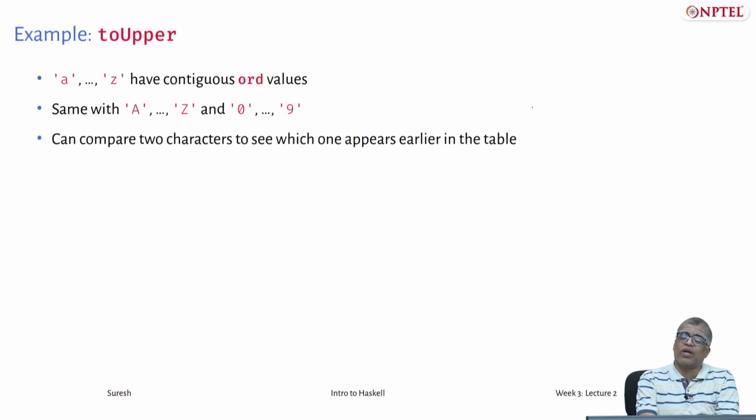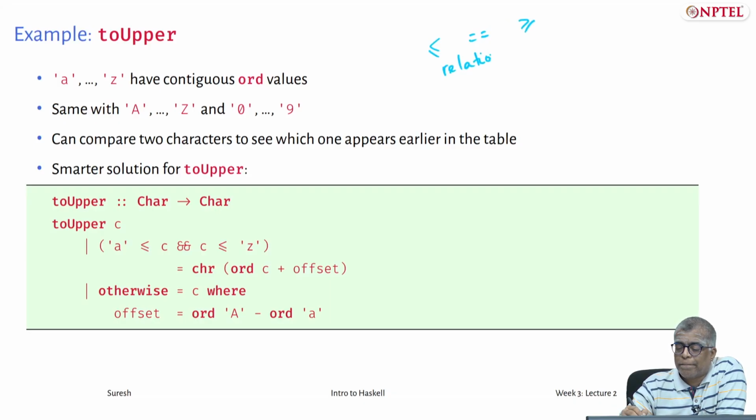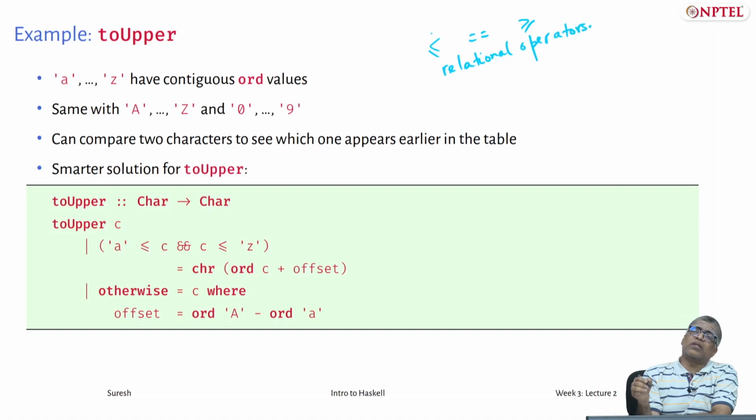So now you can actually compare two characters to see which one appears earlier in the table, and that is just the less than or equal to. So this is the first time you will see relational operators, like less than, equal to, greater than, etc. We know that less than or equal to, greater than or equal to, etc., is applicable on numbers.